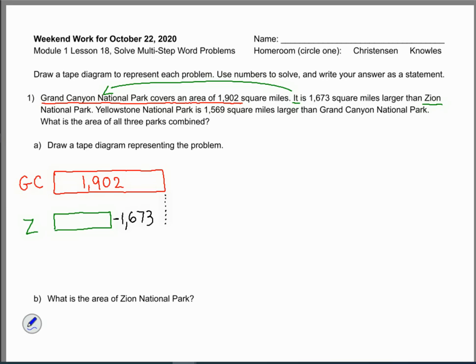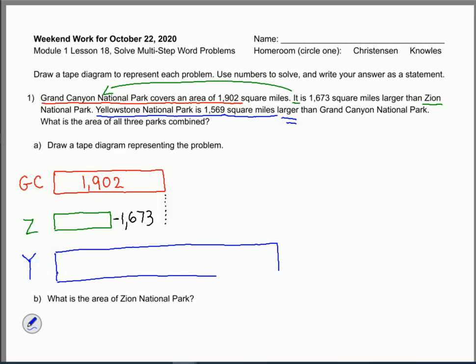We have one last national park. Yellowstone National Park is 1,569 square miles larger than the Grand Canyon. Okay, I'm going to put a Y here for Yellowstone. It's larger, so this tape diagram would be longer than the Grand Canyon.